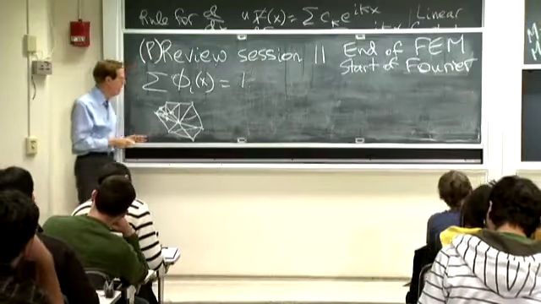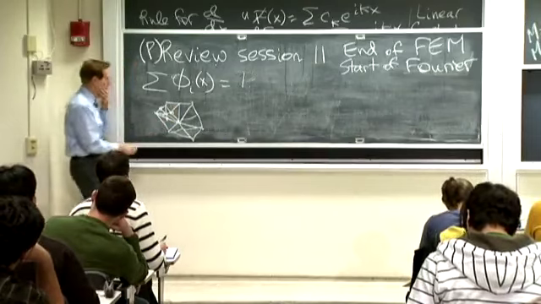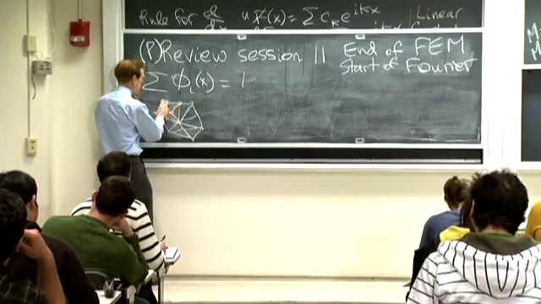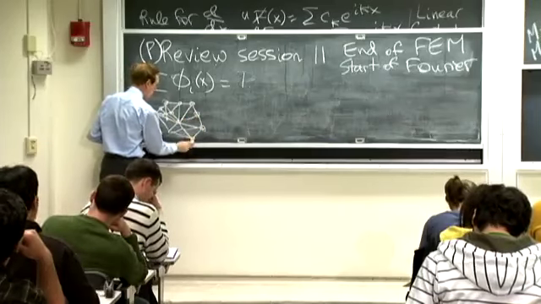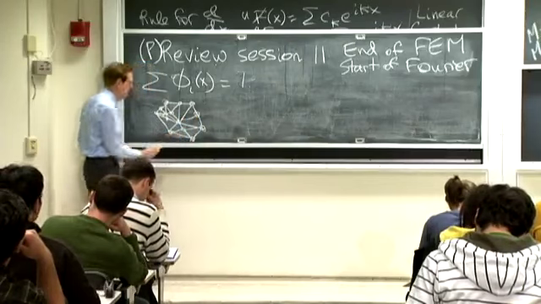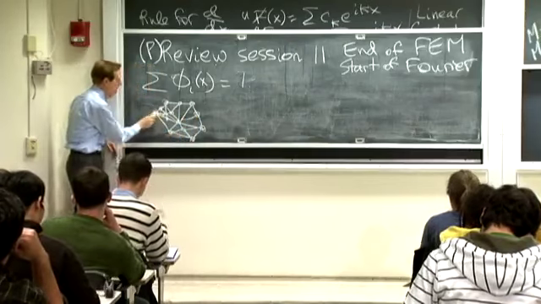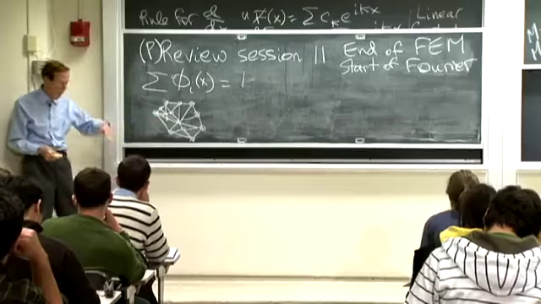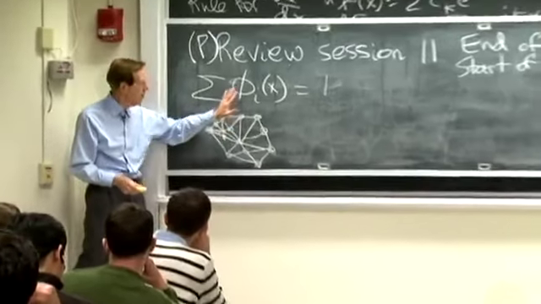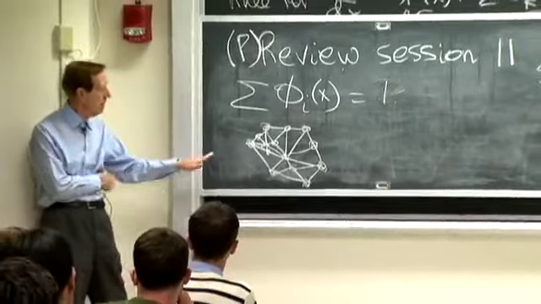Let me leave that question for a moment. We haven't imposed any boundary conditions yet. I claim that if we add up all the pyramids, including the chopped-off pyramids from the boundary, we'll get 1 throughout the whole domain.